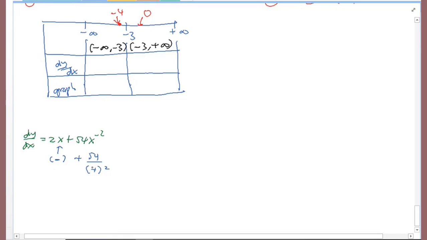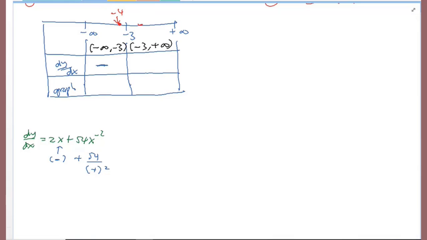Then 54 over 8, what is the value? Check: it seems negative, because 54 over 8 is less than 8, so this one is negative. And this one, 0, substitute 0, not suitable. Okay, reverse. But over there it is 0, right?